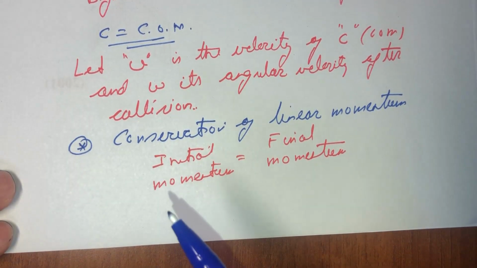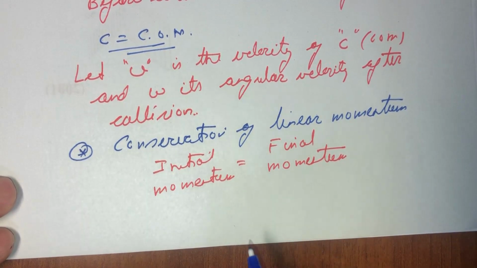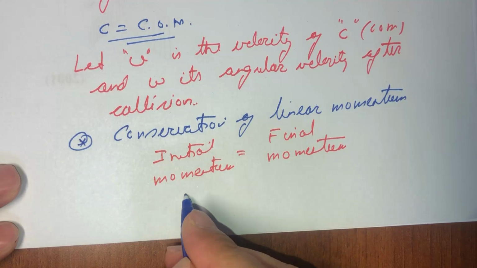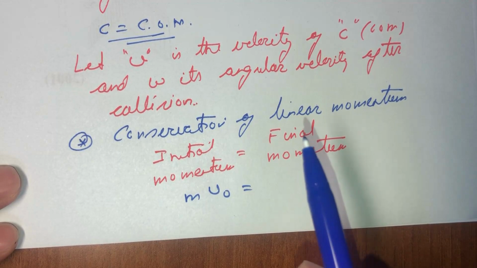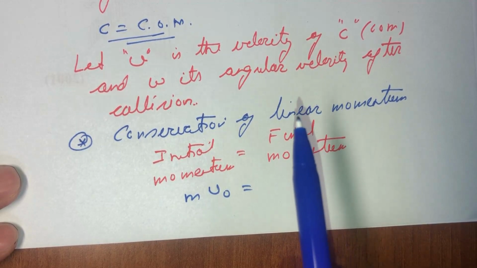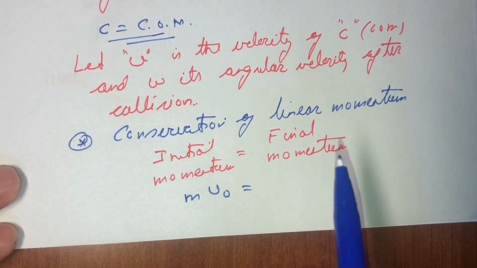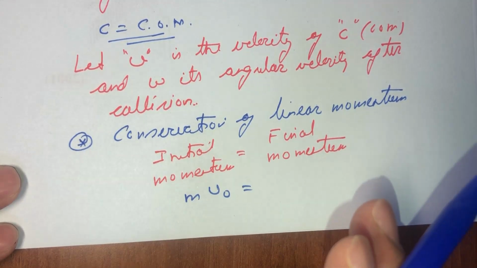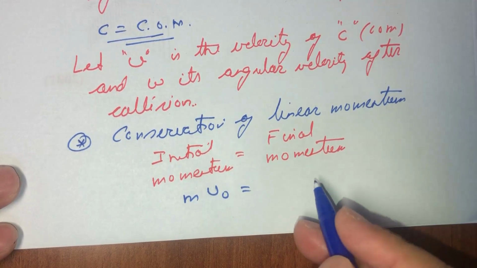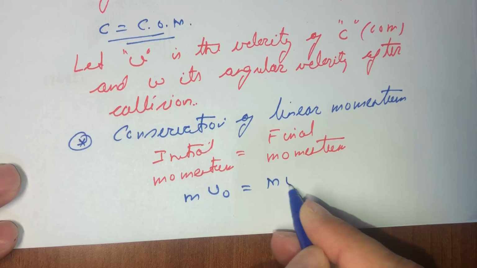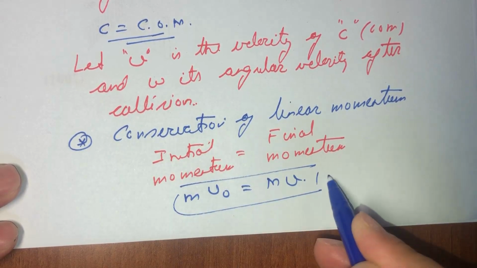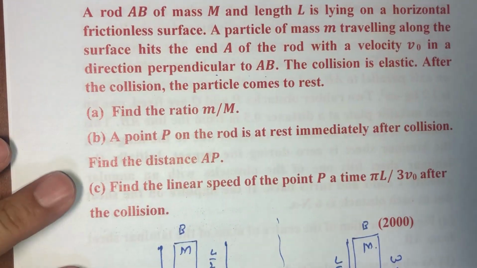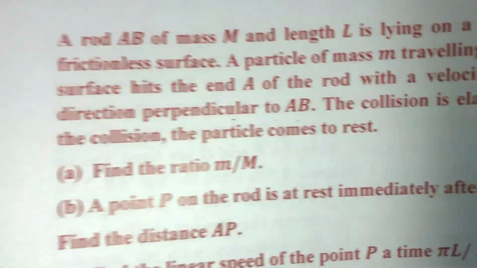Initially the rod was at rest, only the particle was moving, so initial momentum will be equal to m v0. In the final momentum, the particle is at rest, only the rod is moving with the velocity v. So we get M times v. Let us call this equation number 1.